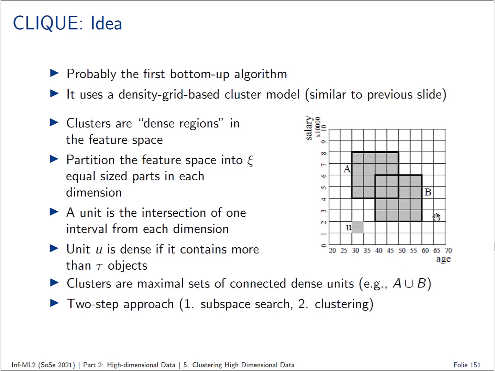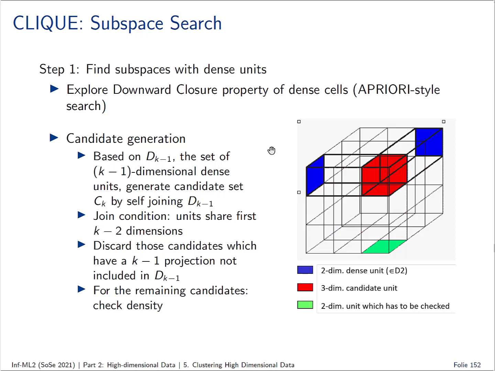So we first connect all the individual units which are dense in each subspace, and then afterwards each subspace is post-processed to form the final clusters by connecting the neighboring dense grid cells, dense units. So the first step is the subspace search, and that is, as I said before, based on the downward closure property of dense grid cells.